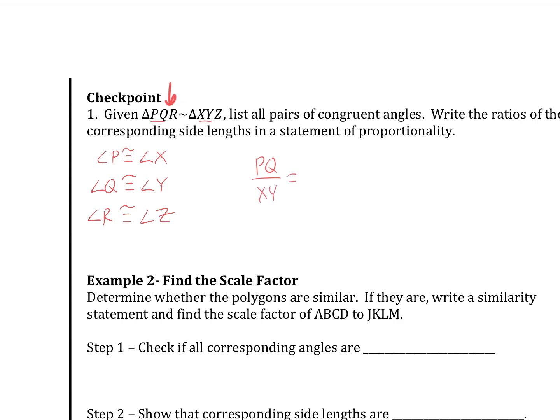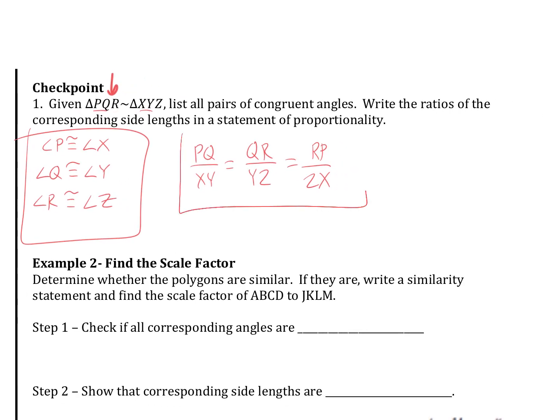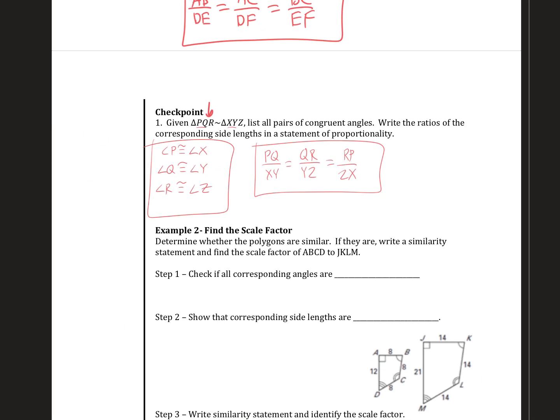If you keep going, you would have QR over YZ, and we would have RP over ZX. Okay, this is going to be the congruent angles, and this is a statement of proportionality right here. All right, sounds good.